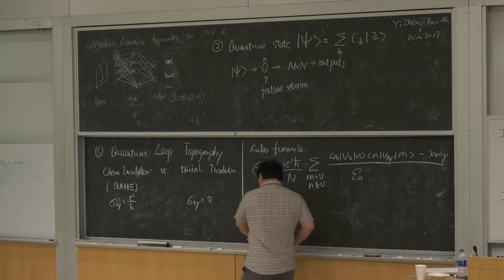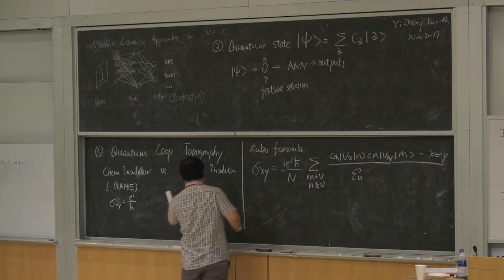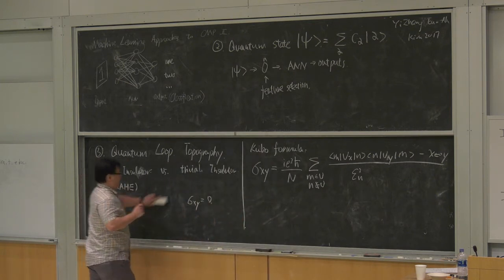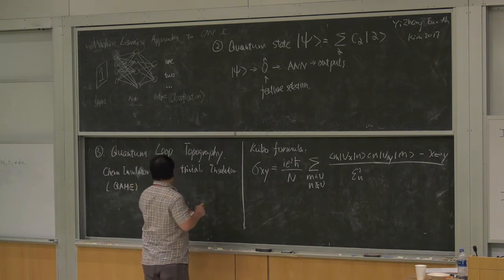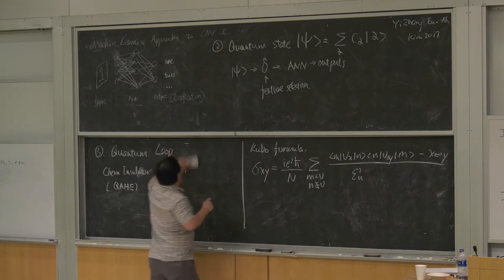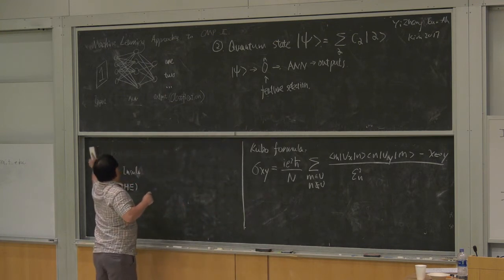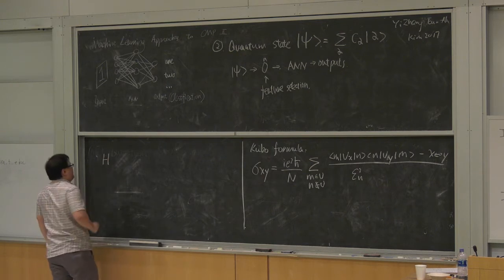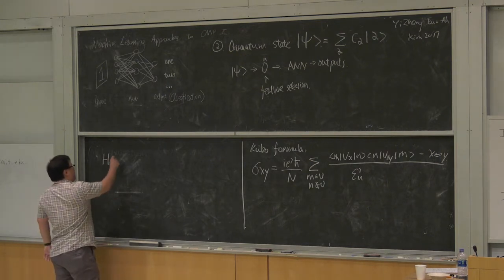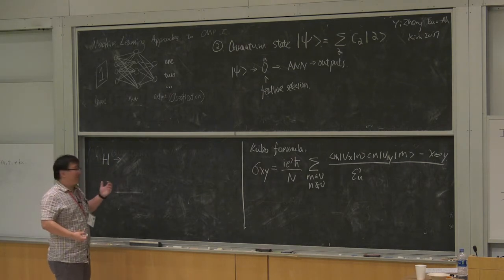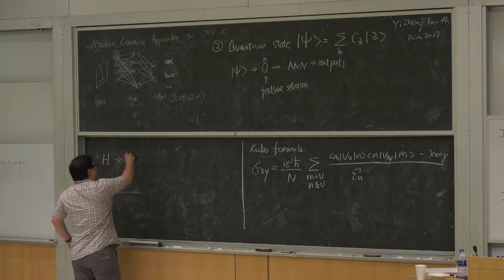So we know if we have a non-interacting Hamiltonian, this part, and I can calculate the two-point correlator. Sorry, I have the ground state.